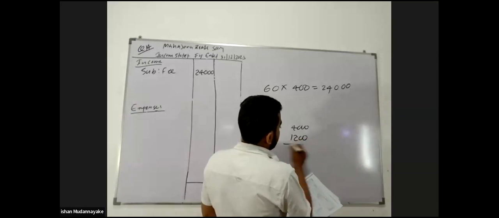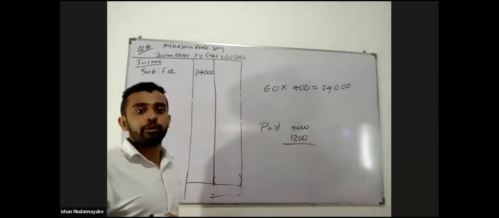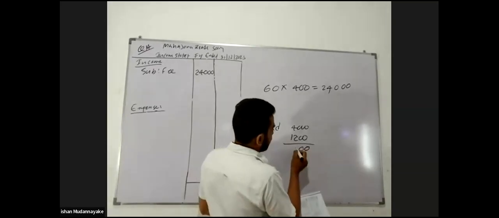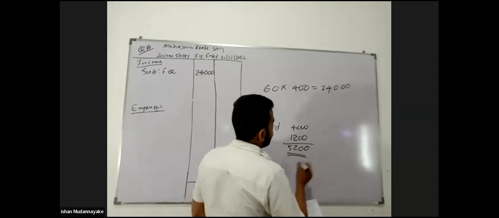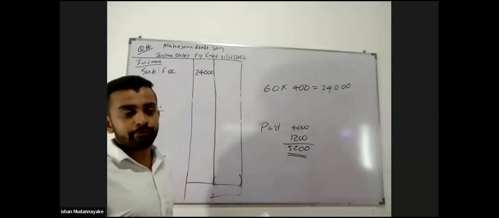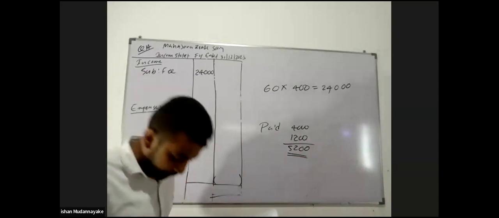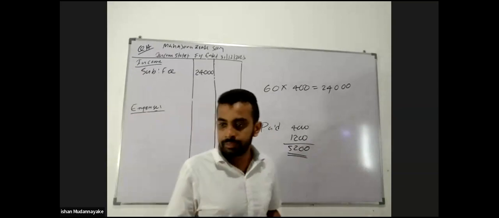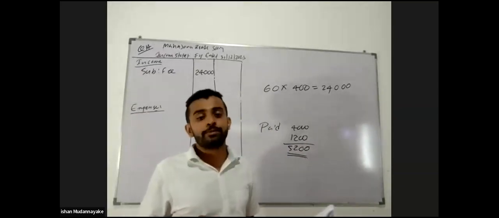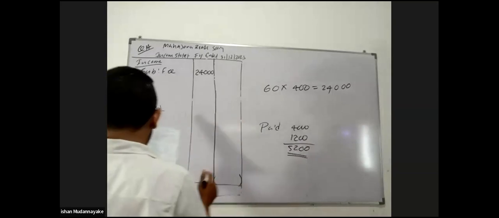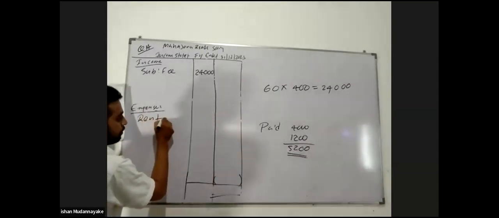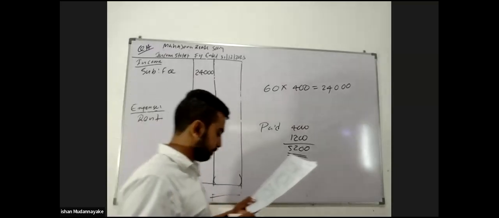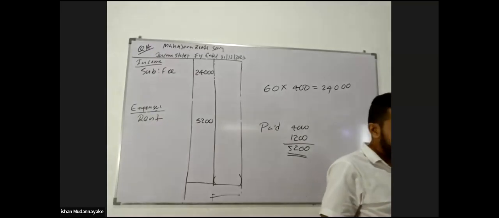Then the relevant building rent for the period, how much? 5,200. Whether we paid or not, the relevant amount should be recorded in the income statement. In the income statement, we need to record the relevant expense for the period. Then building rent, relevant rent for the period, 5,200. Okay. And the next one.